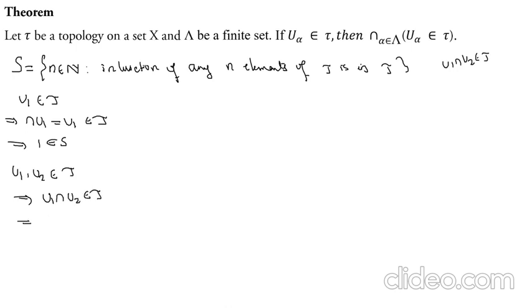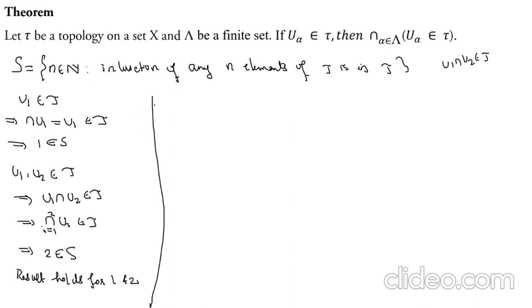That is, the intersection over i equal to 1 to 2 of Ui belongs to tau. Then by the definition of S, we get 2 belongs to S. That is, here we get 1 belongs to S and 2 belongs to S. Therefore the result holds for 1 and 2.